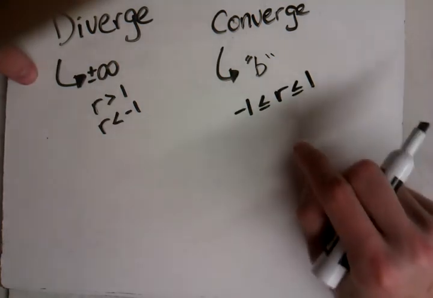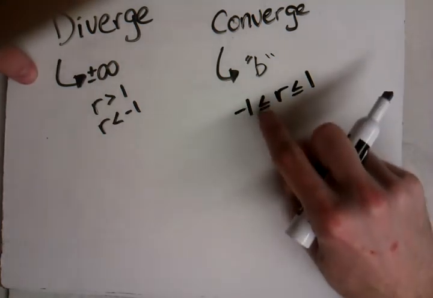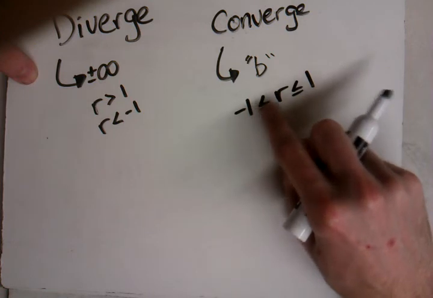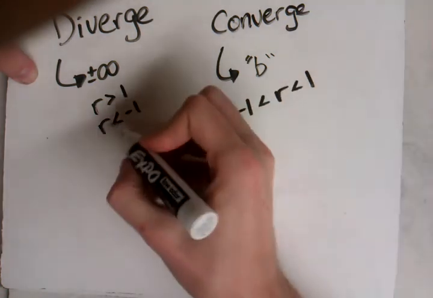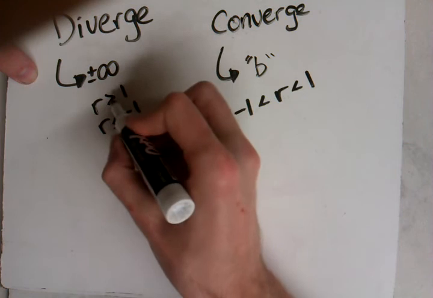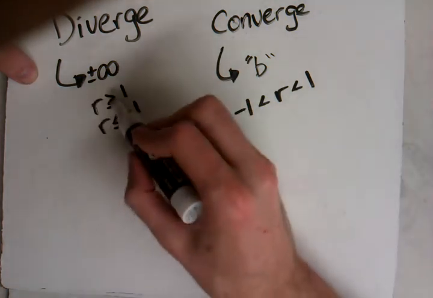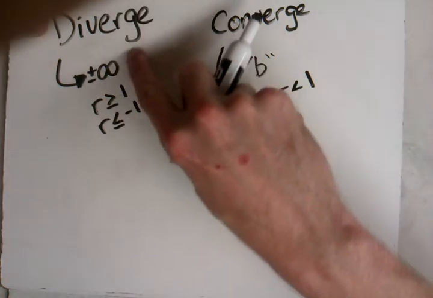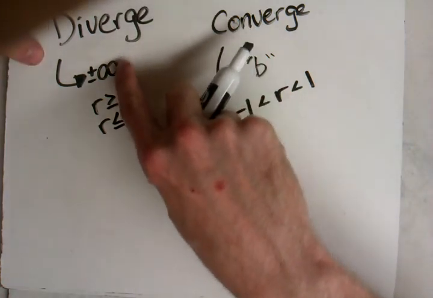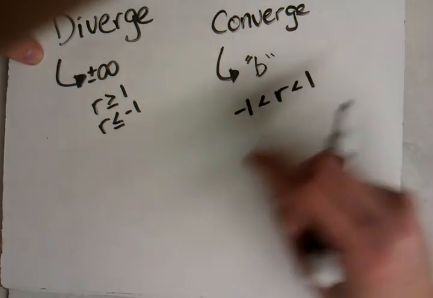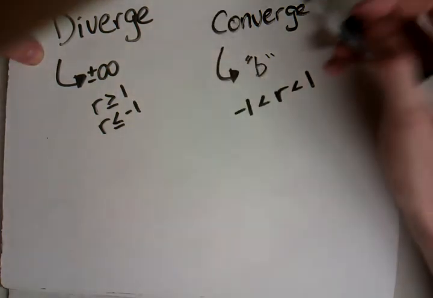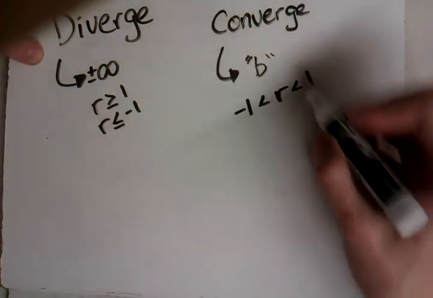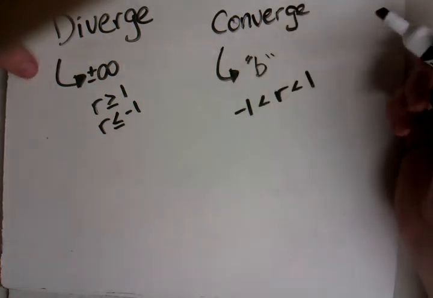So if r is greater than or equal to 1, or if it's less than or equal to negative 1, the series is going to diverge. It'll go off to positive infinity or negative infinity, depending on which one you're looking at. If r is between negative 1 and 1, it's going to converge.